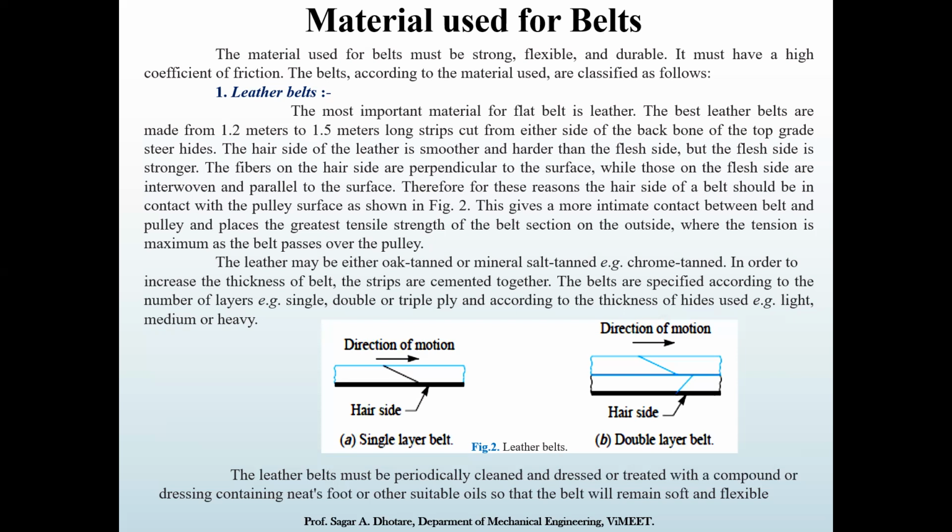The leather may be either oak tanned or mineral tanned, for example chrome tanned. In order to increase the thickness of the belt, the strips are cemented together, so a number of layers can be cemented.